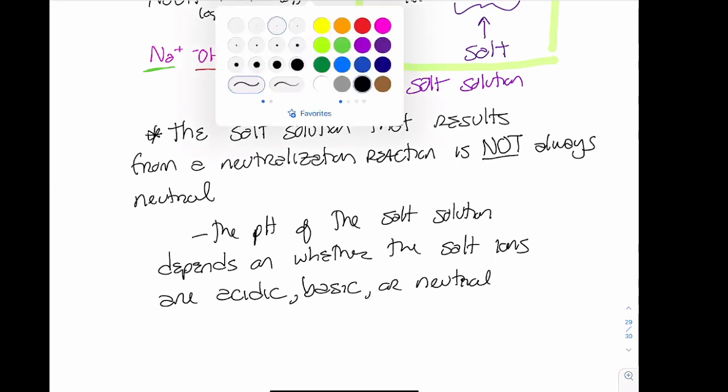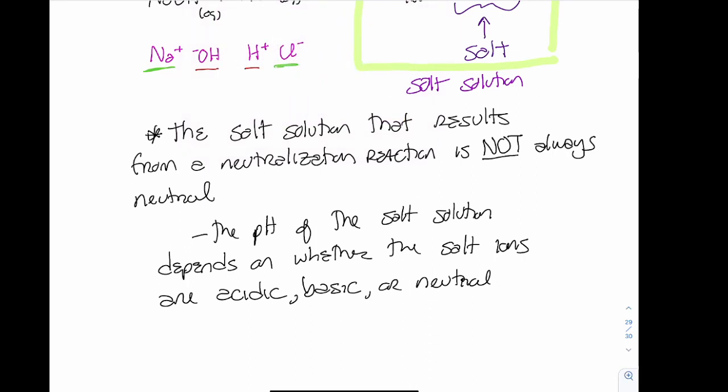And what I mean by that, if it's neutral, it's basically going to be inert. It's not going to donate a proton. It's not going to accept a proton. It's not going to react with water to form hydronium ions or hydroxide ions.